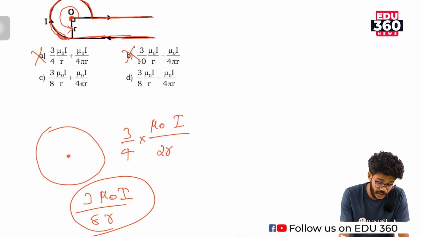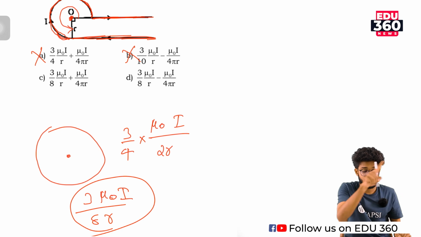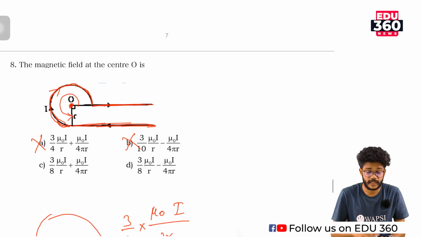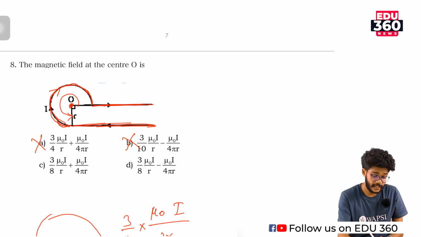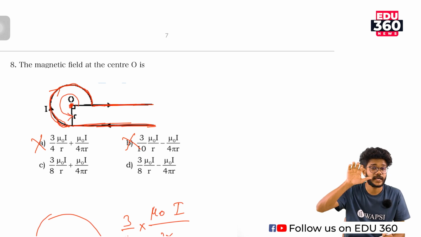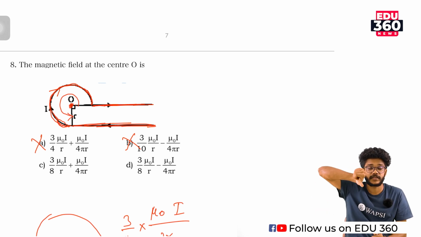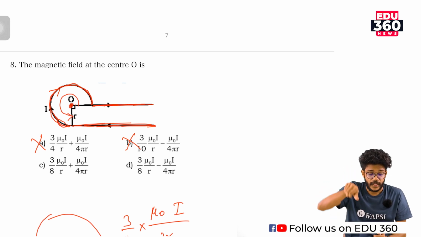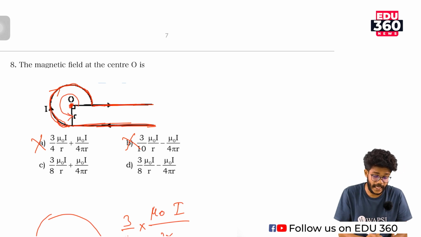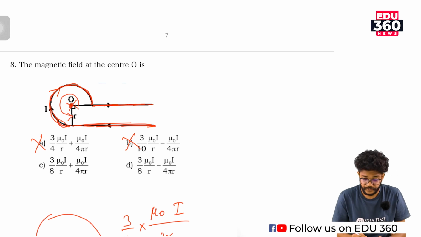In addition to that, there is the magnetic field of the line. The current is revolving in a clockwise direction here, so the magnetic field should be into the page by the right hand thumb rule. If we place our fingers in the direction of clockwise, the thumb points into the page.